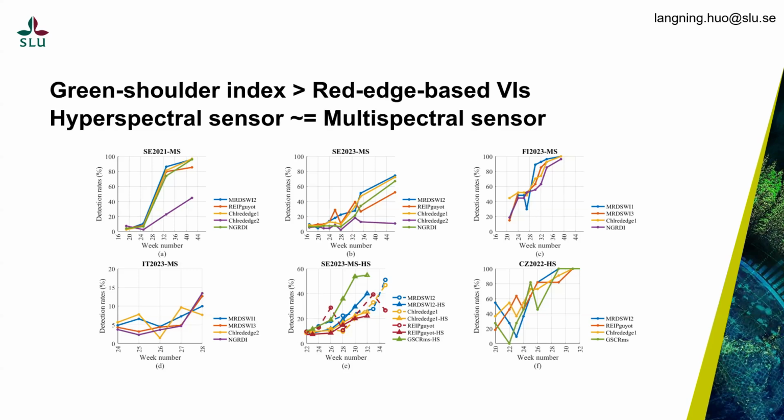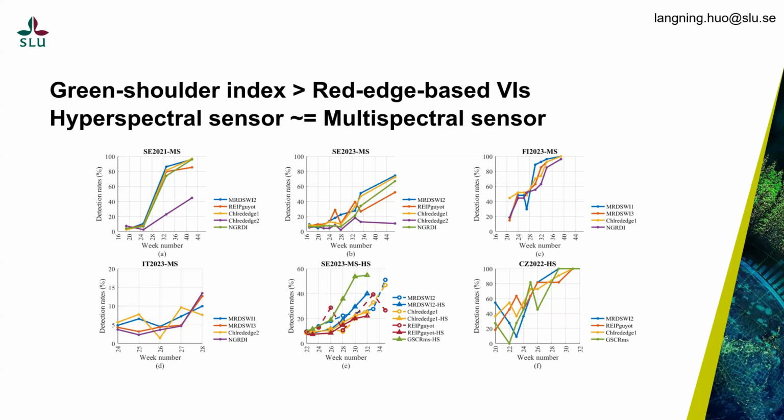And we also compare how much difference can be made between the multispectral sensor and the hyperspectral sensor. So these are the curves that show the most difference. And the green one is actually from the green shoulder indices. And then we see that it can detect about 2 or 3 times more infestation compared to using the red edge bands.